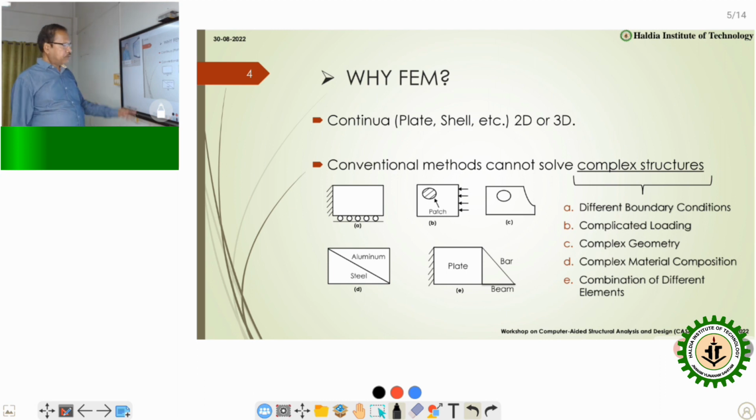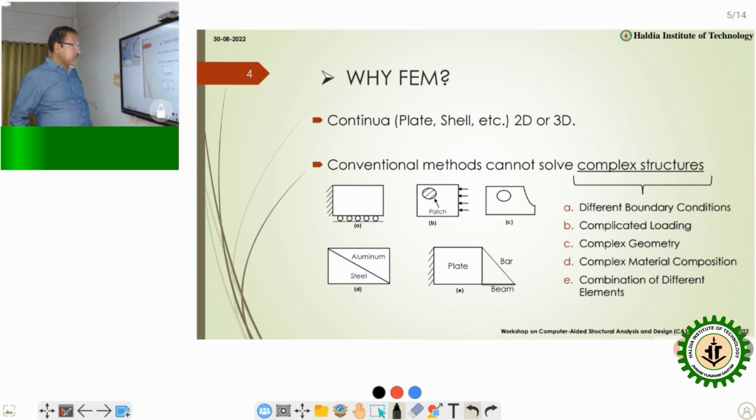Suppose a plate has different layers in the thickness direction. In that case, the layers have different values of Young's modulus, Poisson's ratio, and mass density distribution, and then these conventional methods will fail to solve the problem.